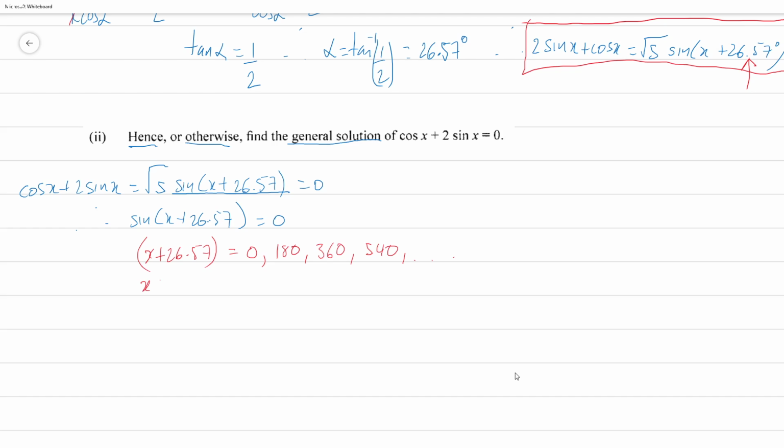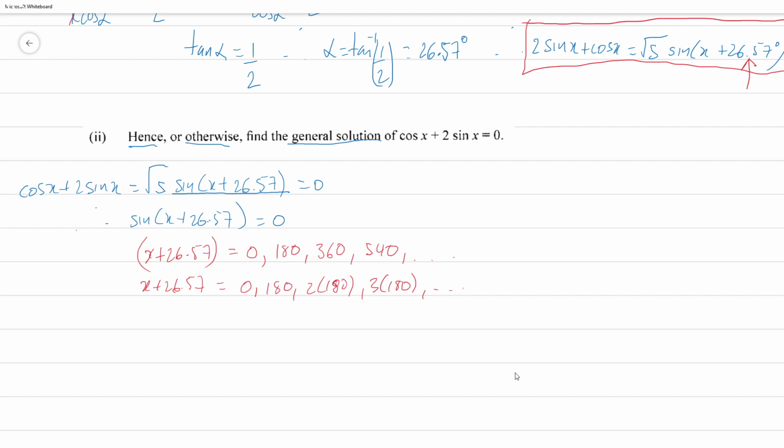So if I rewrite this, this is 0. This is 180. The second answer, 360, well, that's 2 by 180. And 540, well, that's 3 by 180. So you could immediately see a pattern here.